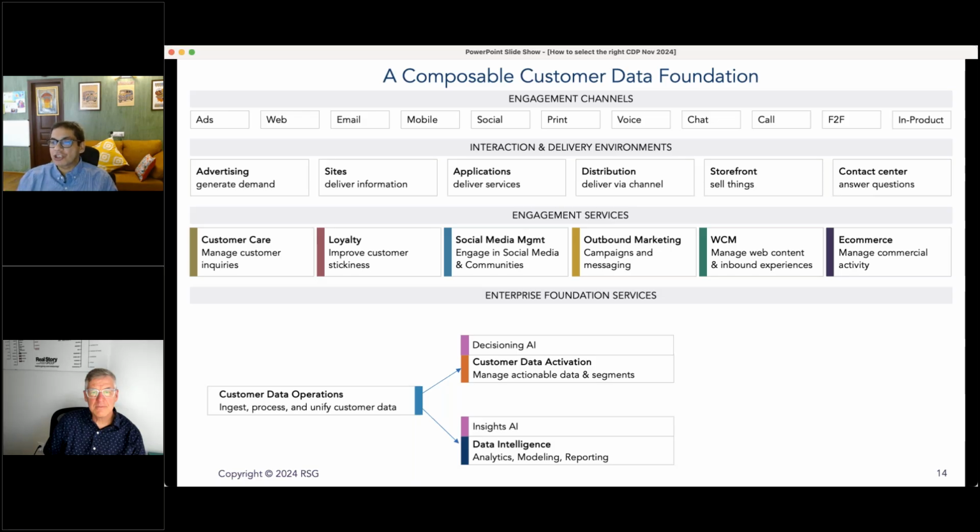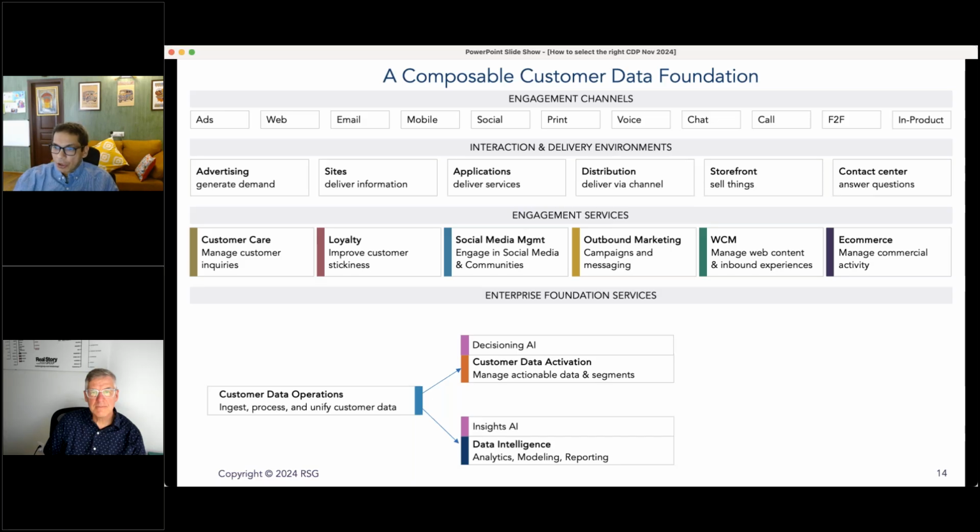The first one is decisioning and customer data activation, which is heavy for marketing ops, right? So this is where data is used to drive personalization, campaigns, audience segmentation, campaign orchestration, and so on. And the second branch there is insights and data intelligence, right? So this focuses more on extracting insights from data for your decision making.